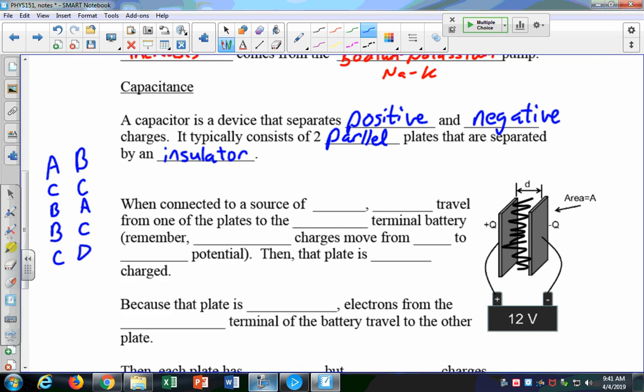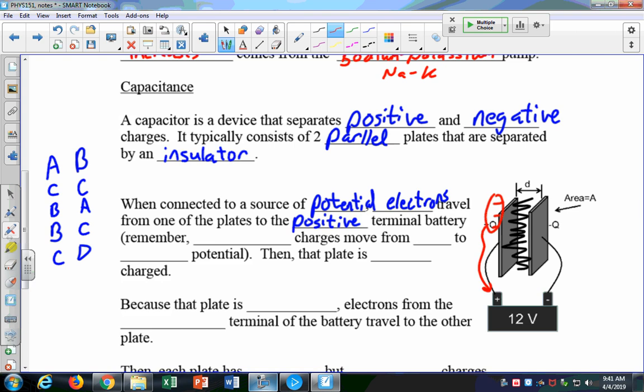Okay, so when it's connected to a source of potential, electrons will travel from one of the plates to the positive terminal. So I'll have electrons that were on this side, and they'll move over to the positive terminal.